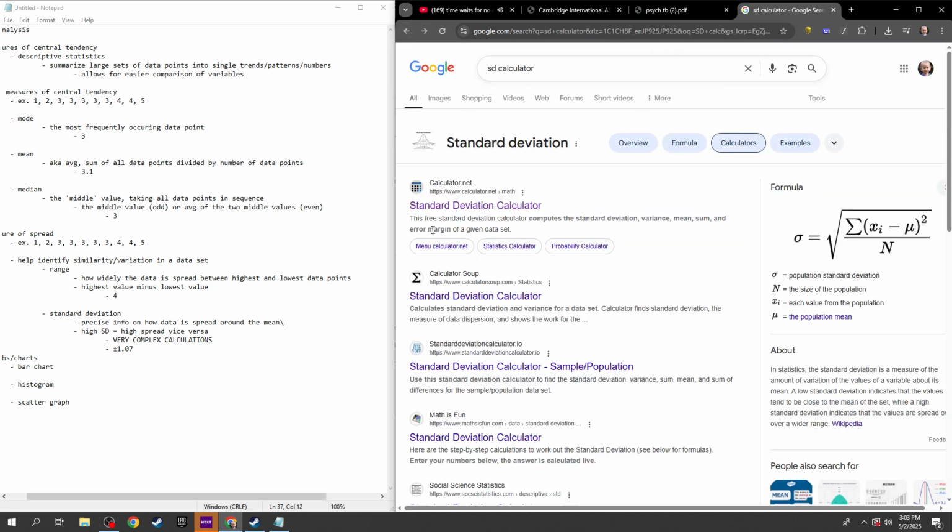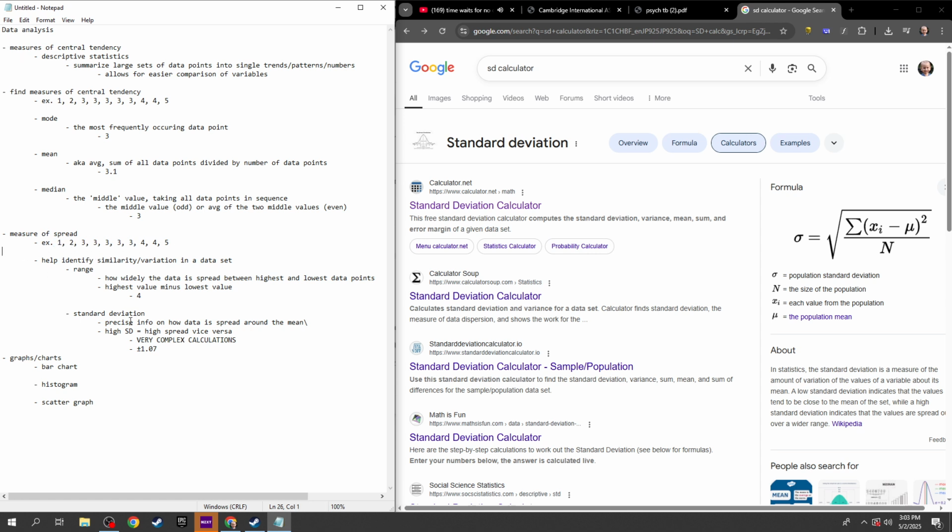The number is relative to the data set, like the size or the range of the data set, right? So plus minus 1.07 here for standard deviation is moderate, because 1 is 20% of our scale.